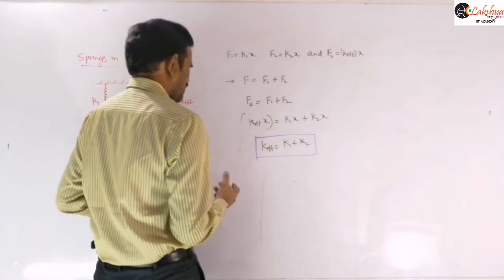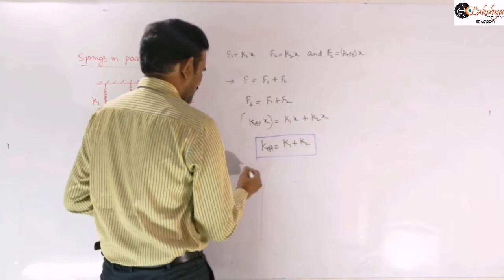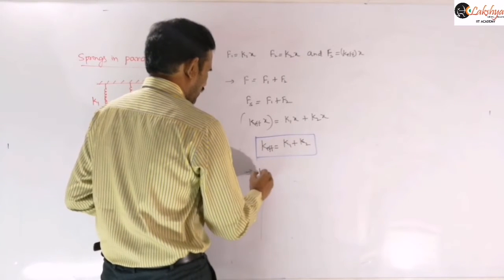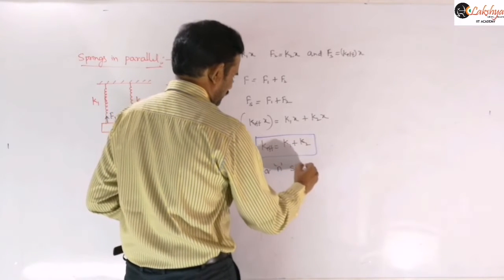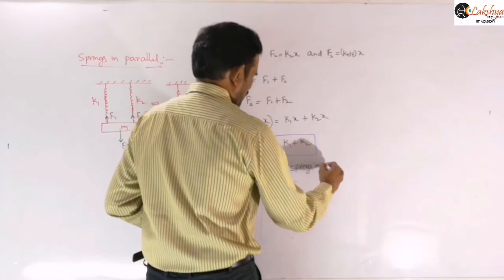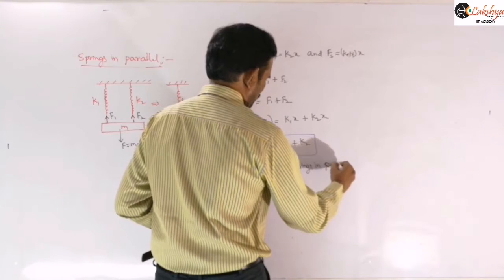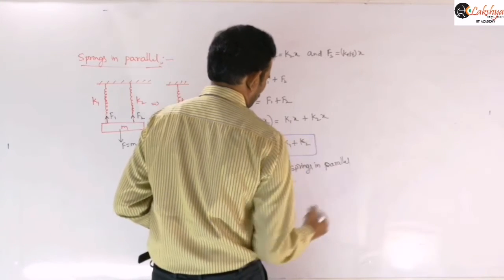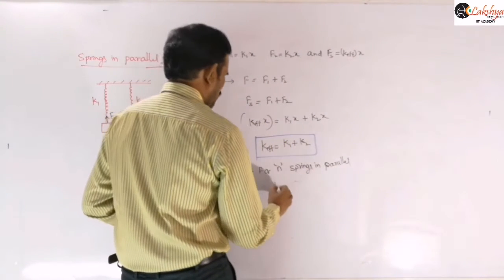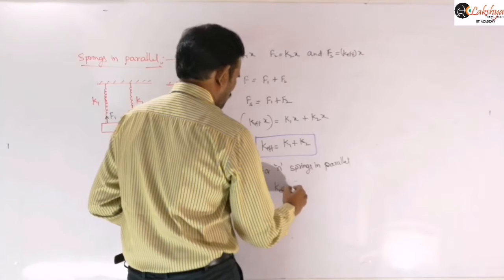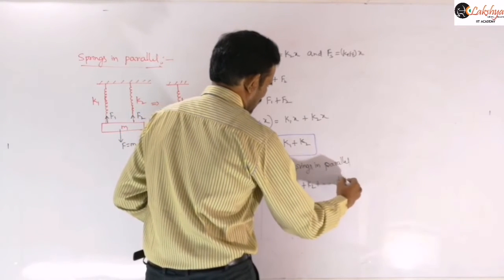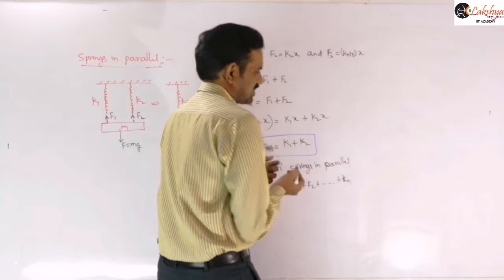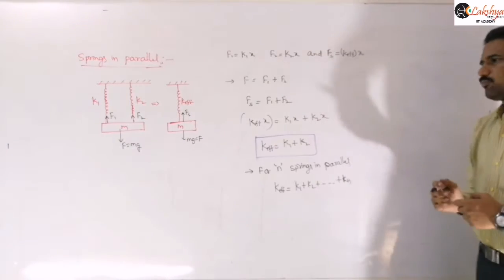Similarly, you can extend this formula for n springs in parallel. For n springs in parallel, K effective is equal to K1 plus K2 plus and so on plus Kn. You can extend that formula to any number of springs.